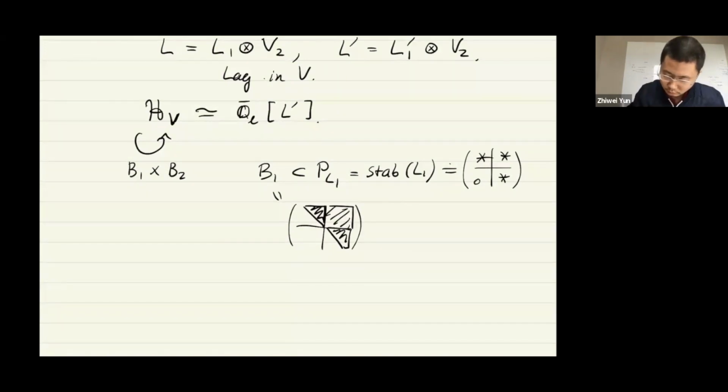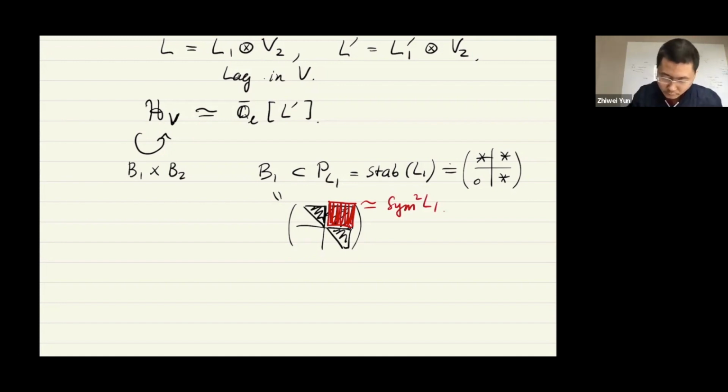So let me record the action of this part of the Borel. So this part is isomorphic to Sym square of L1.